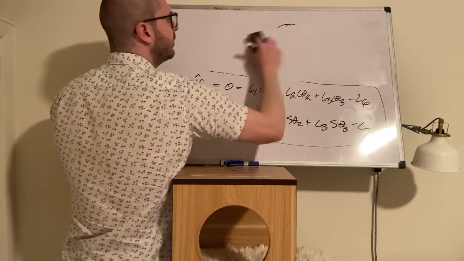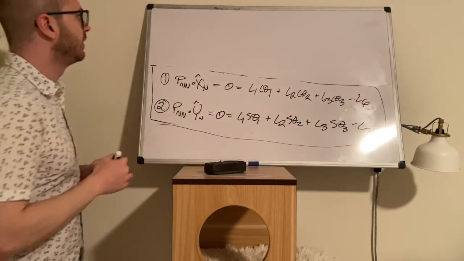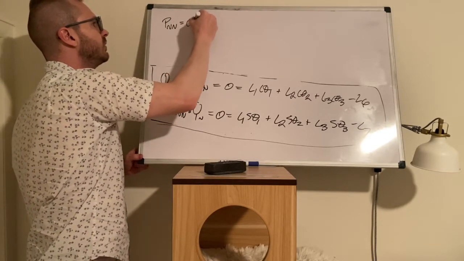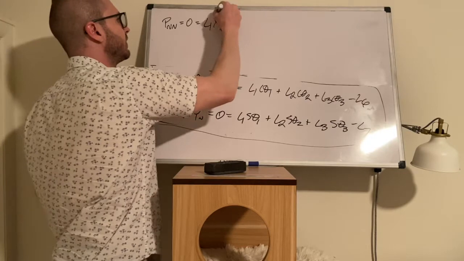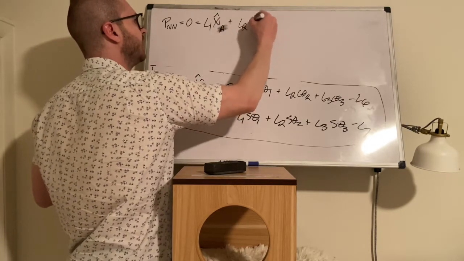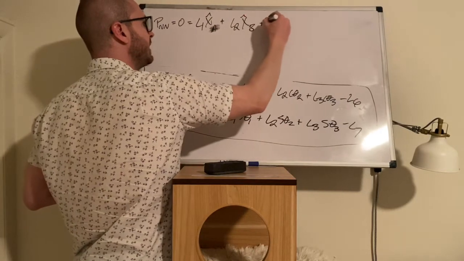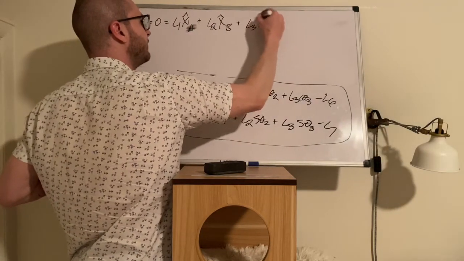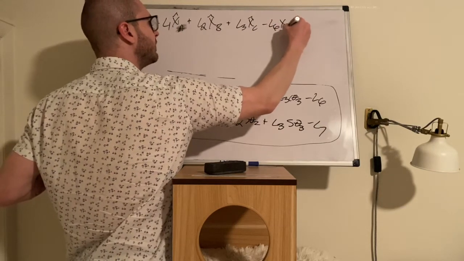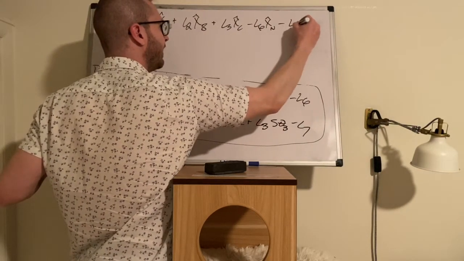The other thing that we could do is we could take the original loop, L1 x a, L2 x b, L3 x c, 4, 5, 6, and 7.